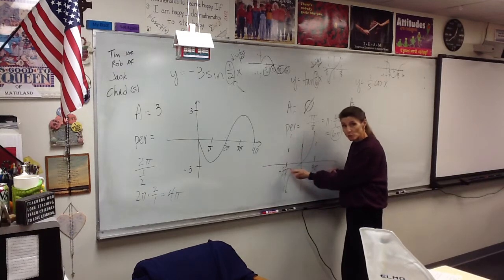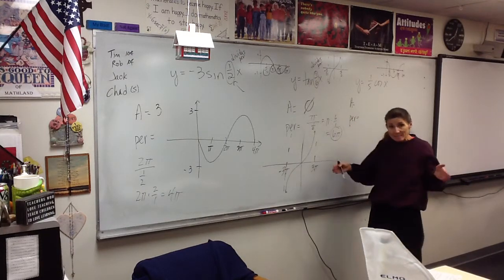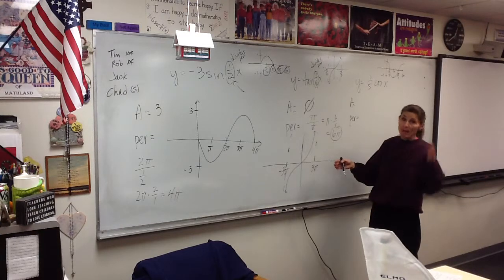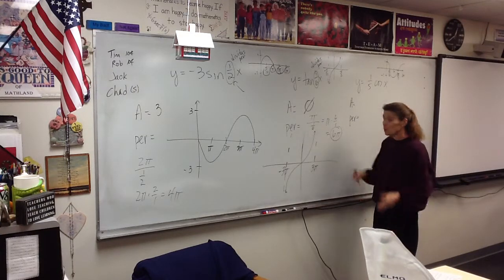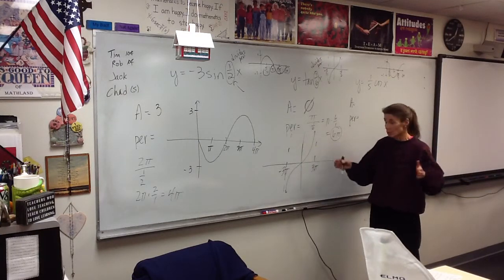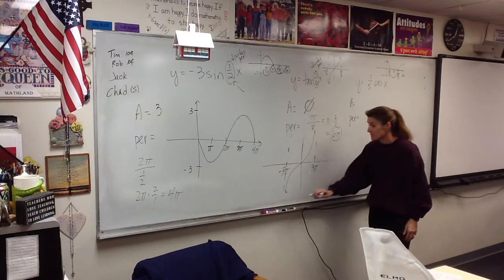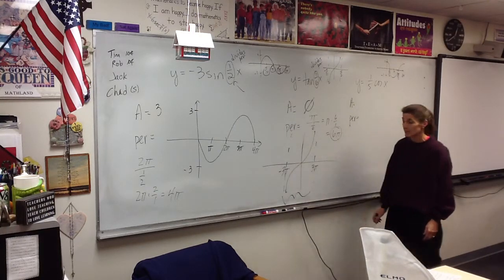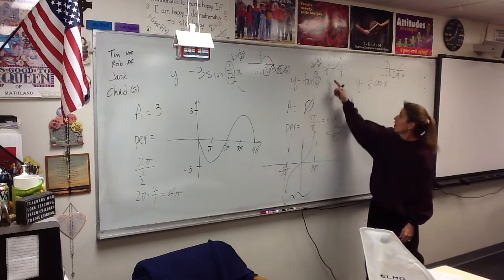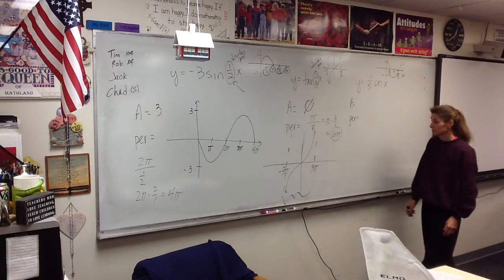If you go backwards 3 and forwards 3, that's a total of 6. Backwards, forwards, 6. 3 this way, 3 this way, total of 6. That's what period means. This is 6 pi. The asymptotes are at 3 pi.